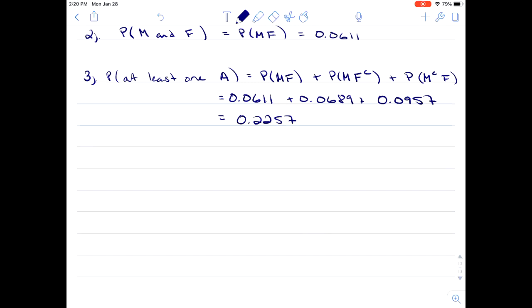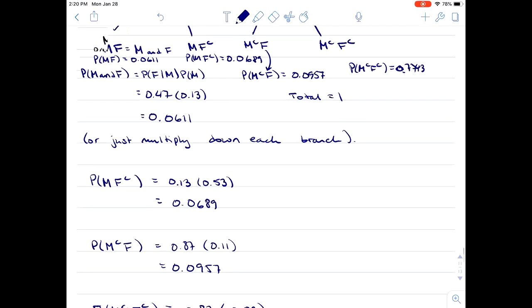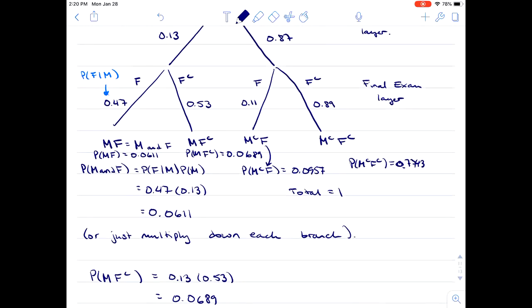One thing to help you manage these probabilities, because earlier we were multiplying, now we're adding. Whenever we're saying or, this or this, you're going to be adding.